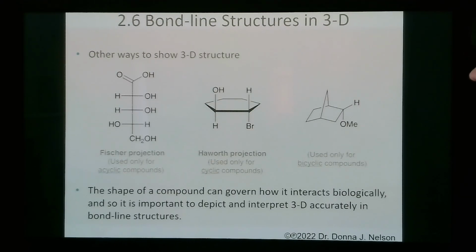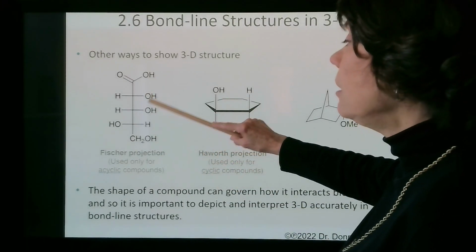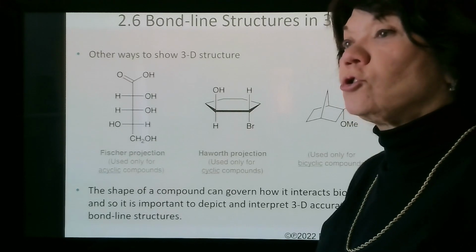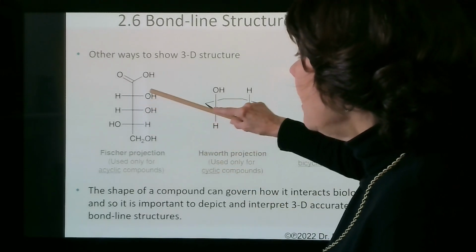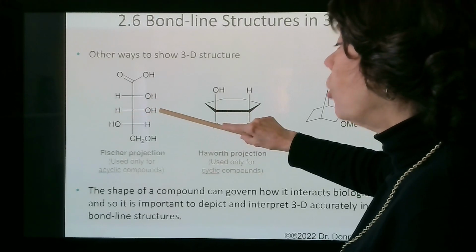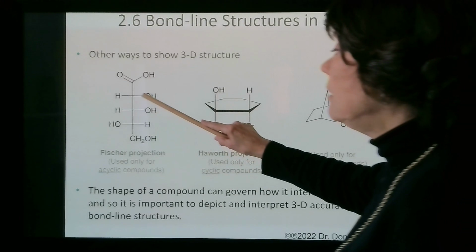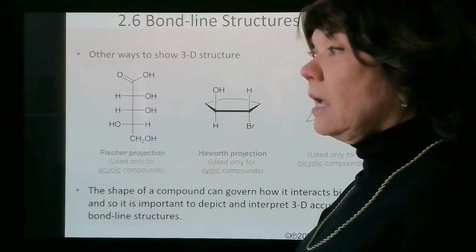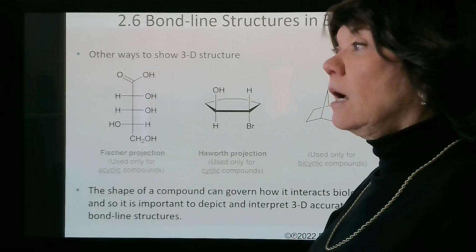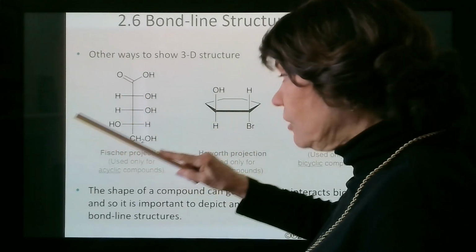Other ways to show a three-dimensional structure. So in this Fisher projection, by standard notation, any of these groups that are attached across the molecule are coming out of the screen. So this CH bond is coming out of the screen.